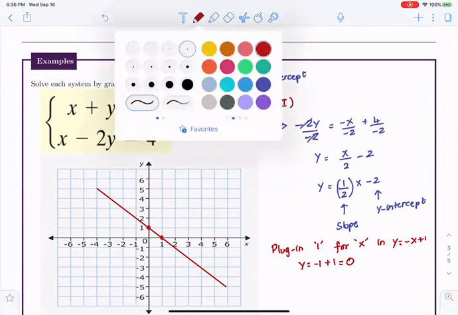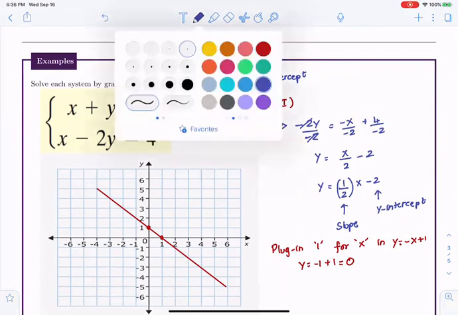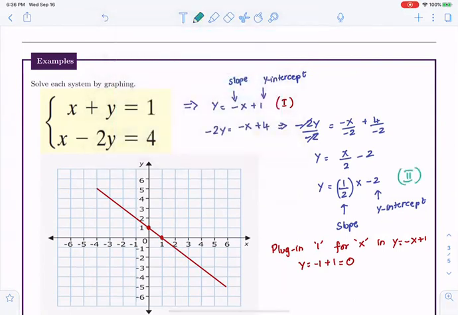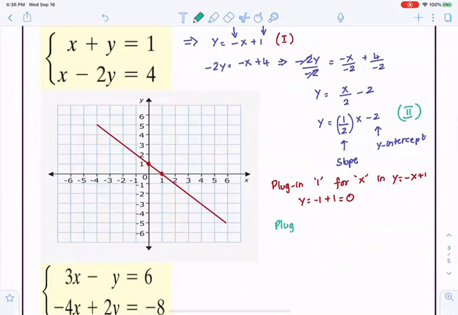Let me use a different color for the second one, maybe blue or teal. If I plug in, say, 4 for x, we get 2 minus 2, which will give us 0.